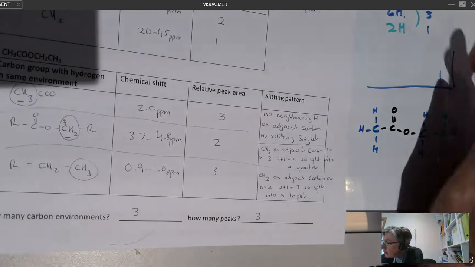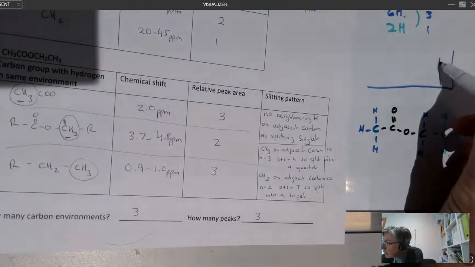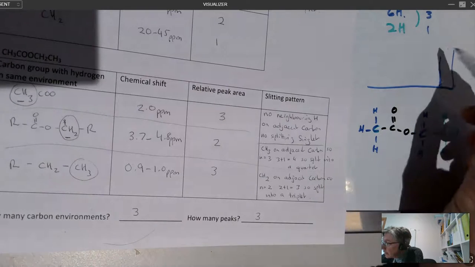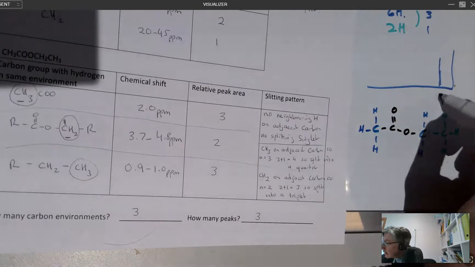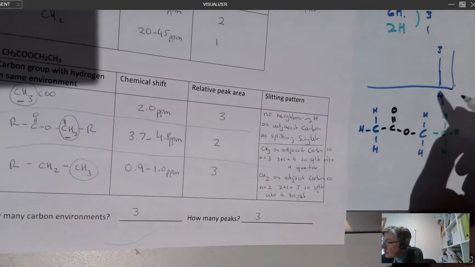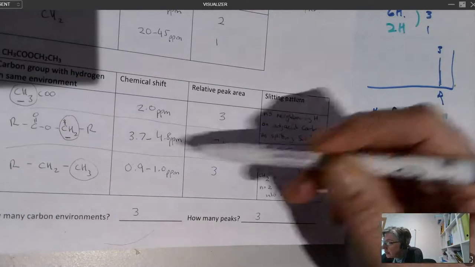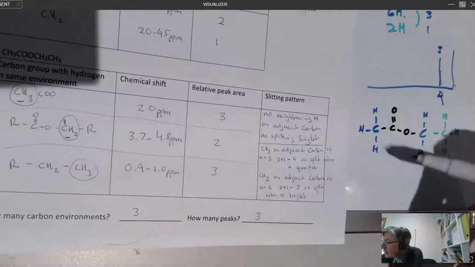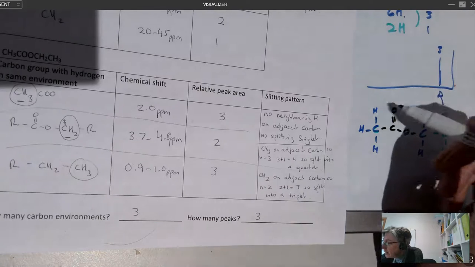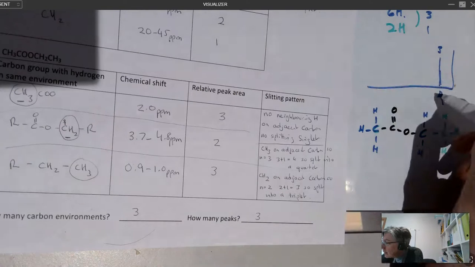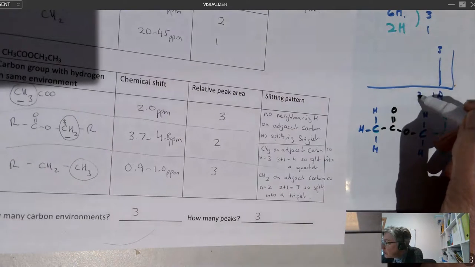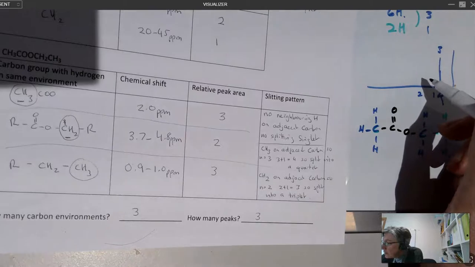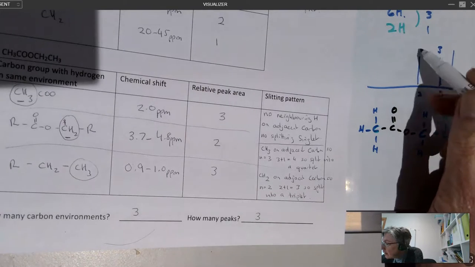So if we just drew it at low resolution, this one on the end is worth 3 hydrogens. And then the next one up is this one on this end, and it's at 2 parts. So this is at about 1, and this is at about 2, and you've got something that's worth another 3.